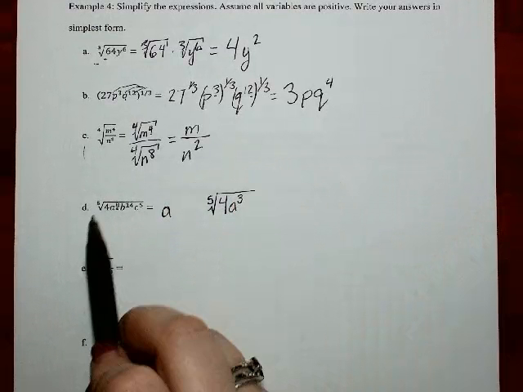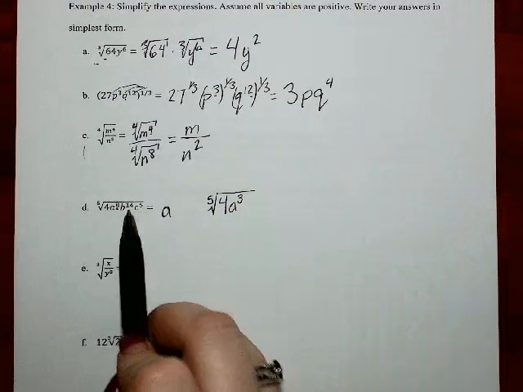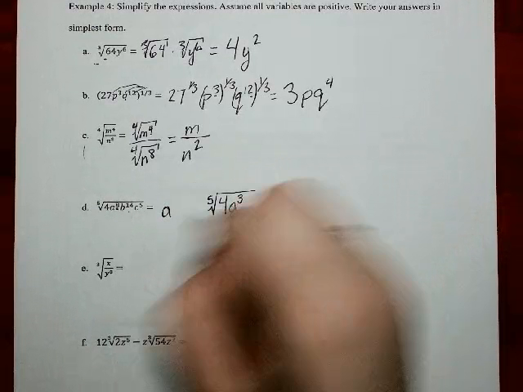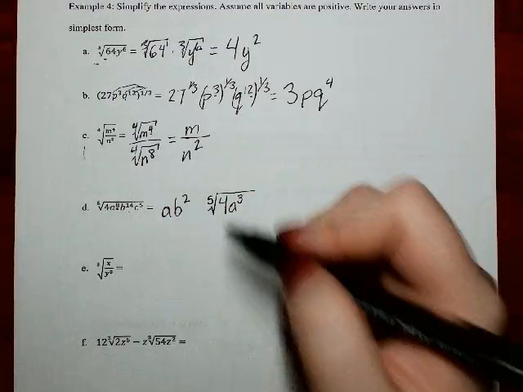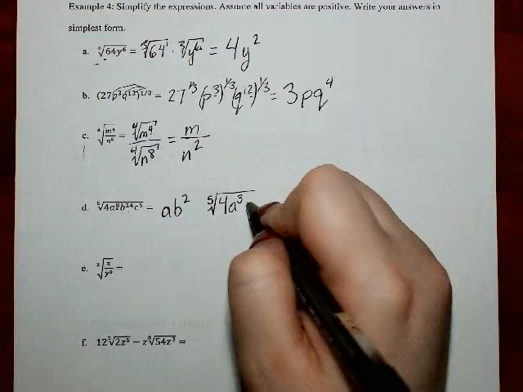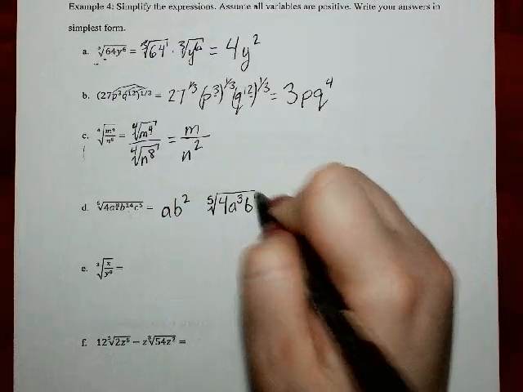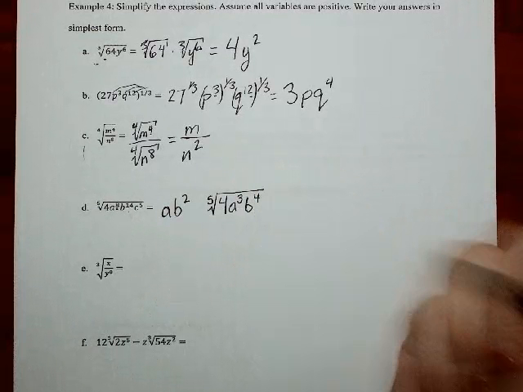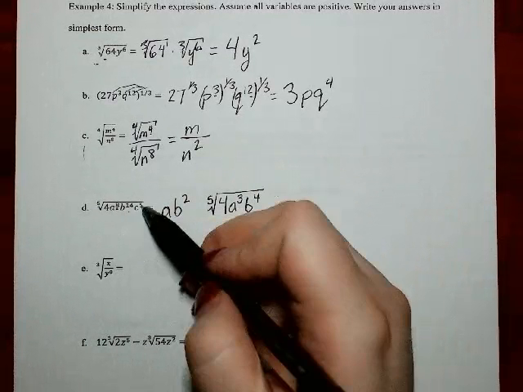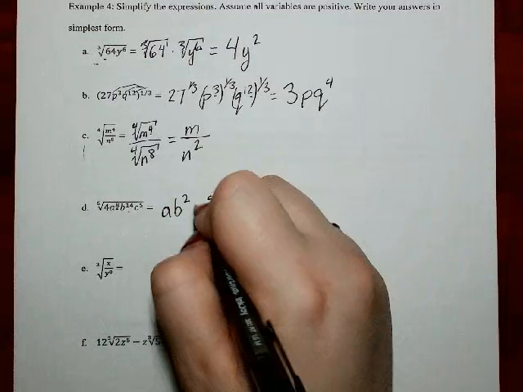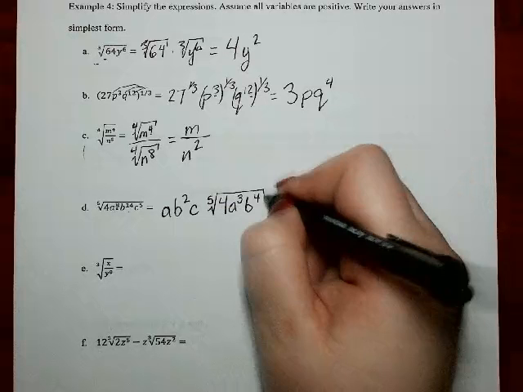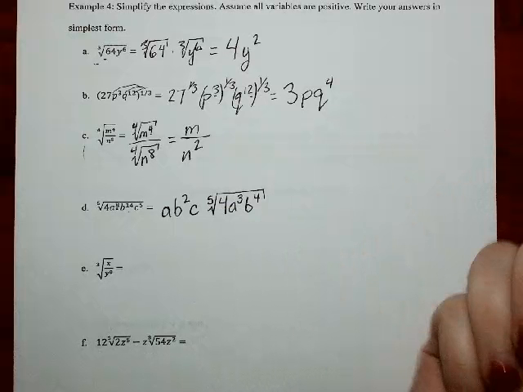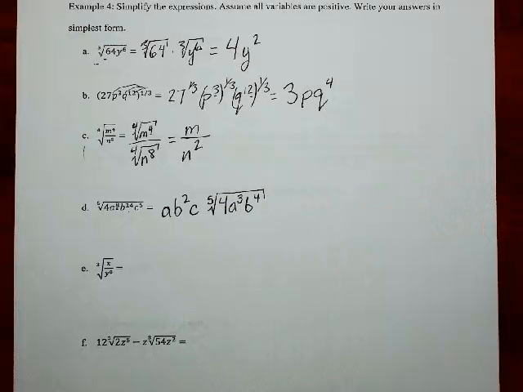Then 5 goes into 14 twice, so I'm going to pull out b squared, and there are 4 left over, so I'm going to leave b to the 4th under the root, and then 5 goes into 5 once, so I pull out a c with nothing left over, so I don't leave any c's under the radical. So that is my answer there.